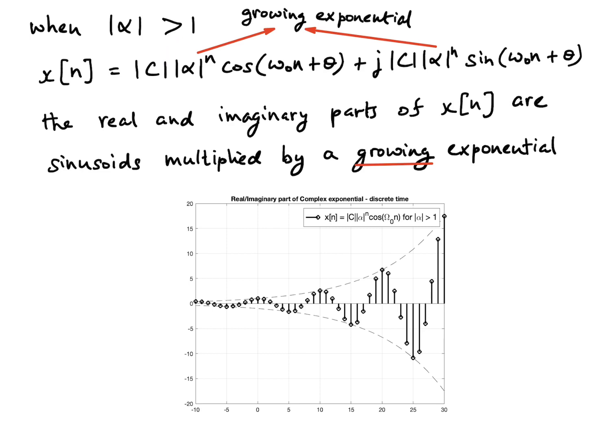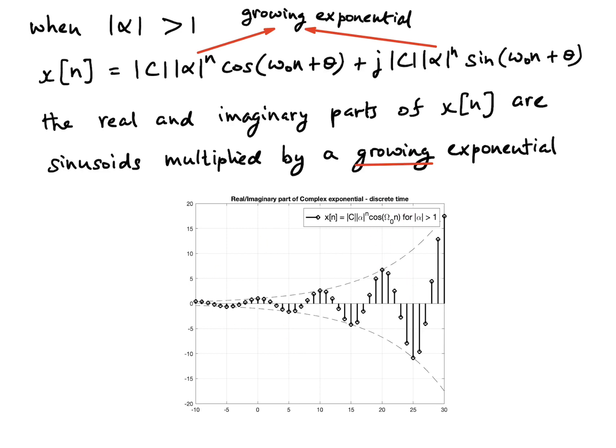So we get sinusoidal sequences that are getting multiplied with a growing exponential. We get the sequence something like this, where as n increases, the amplitude of these samples gets bigger and bigger. So they are exponentially growing, because they are multiplied with a term which is exponentially growing.